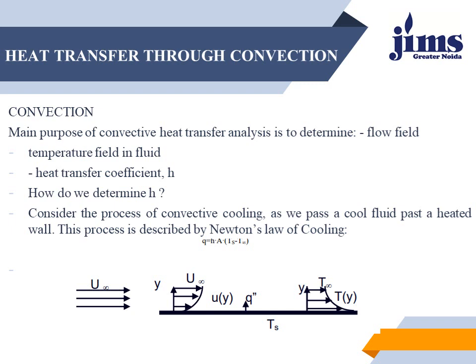This profile is known as the velocity distribution profile, and this profile is known as the temperature distribution profile, and q dot denotes the heat flux through convection from the hot plate. This curve is a parabolic curve, and this curve also is a parabolic curve, and u is a function of y. So we can say the velocity at any point is a function of y.